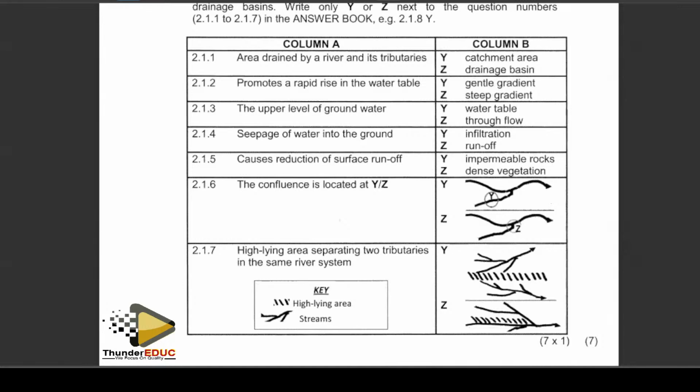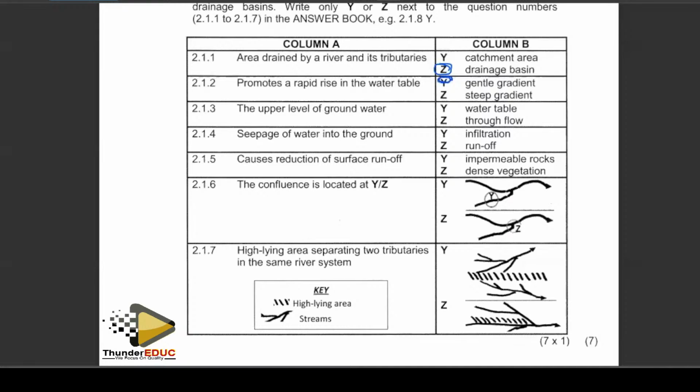Let's go to our question. The first question 2.1.1. An area drained by a river and its tributaries. We do not want to waste time. That is a drainage basin. Promotes a rapid rise in the water table. Which one promotes a rapid rise? It's a gentle gradient.